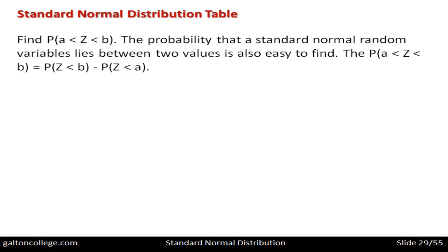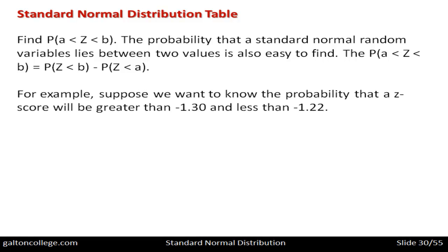If you just break up that first statement, you will see that it must be true. For example, suppose we want to know the probability that a z-score will be greater than minus 1.3 and less than minus 1.22.